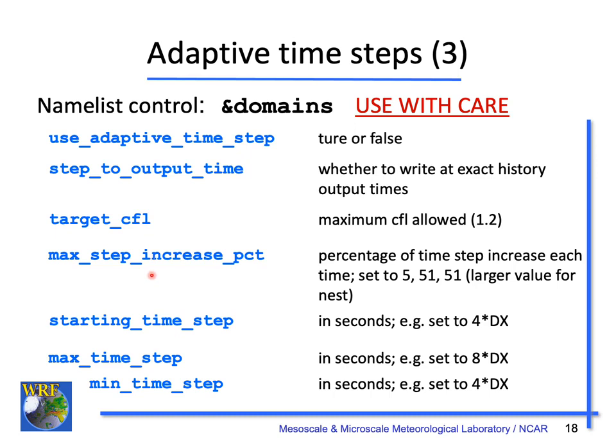Max step increase percent sets the maximum percentage change allowed for the time step to increase or decrease at any one time. The max and min time step sets the bounds for the maximum and the minimum time steps to avoid any wild swing of the variable time step. Set these options carefully and use the option with care.